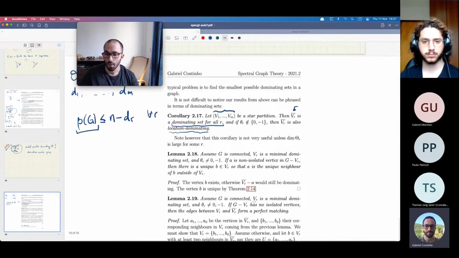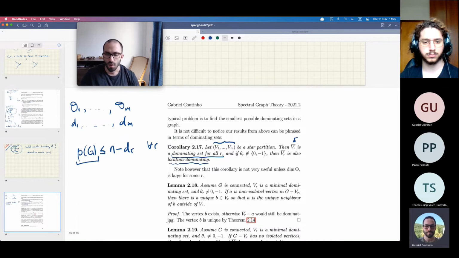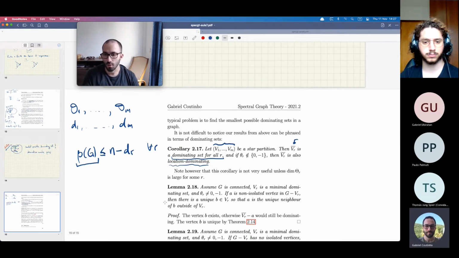Okay? And I guess I want to finish with this lemma 2.18. I don't think I will pursue lemma 2.19 next class and forward. Actually, no, this is already talking about minimal dominating sets, and I don't think I will finish.